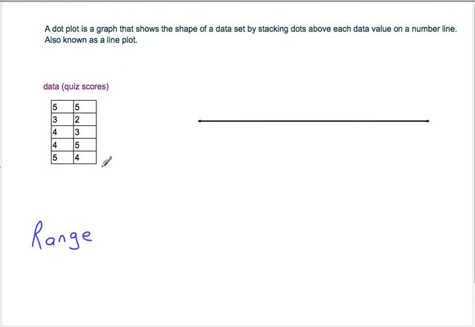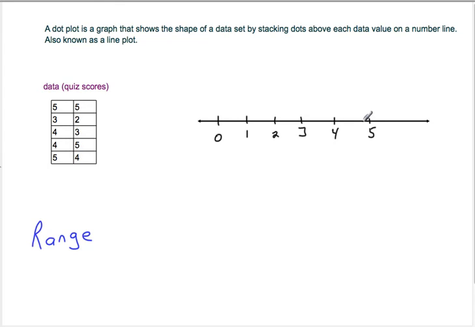And so what I do is I'm going to put these numbers on a number line. So we got 0, 1, 2, 3, 4, 5. And now each time I look at a score, I'm going to put it onto the line plot.